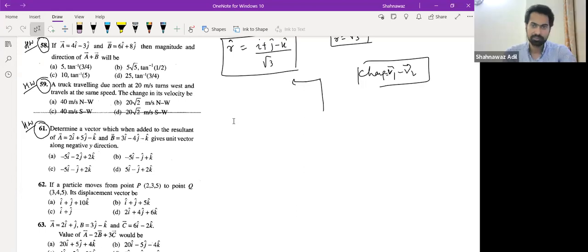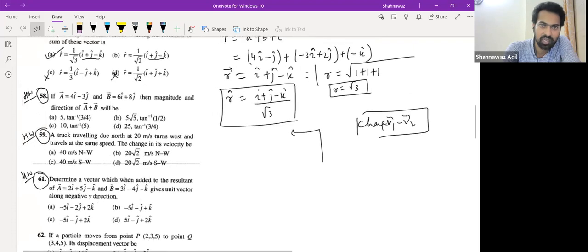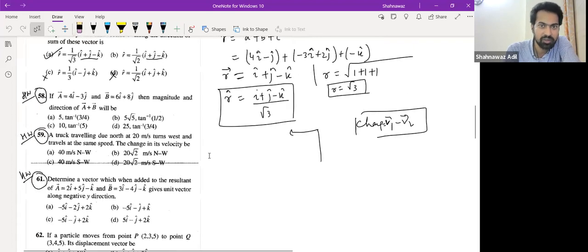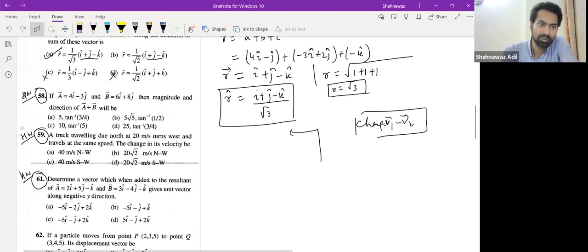Okay, so A is this, B is this, then magnitude and direction of A plus B. Right, so let us do this problem. Rishita, we will solve this homework here. Sir, I've already written it. Should I write it again or just leave it? Oh, then let us skip these three problems.